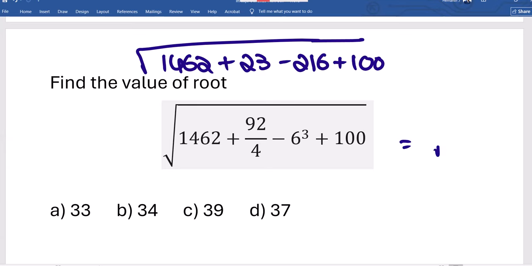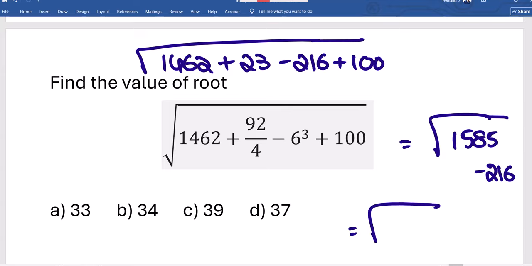So this is the square root of what? If you gather all the positive terms, it's 1585, minus 216. If it is minus 200, 1385. When you remove 16 from that, 1369.